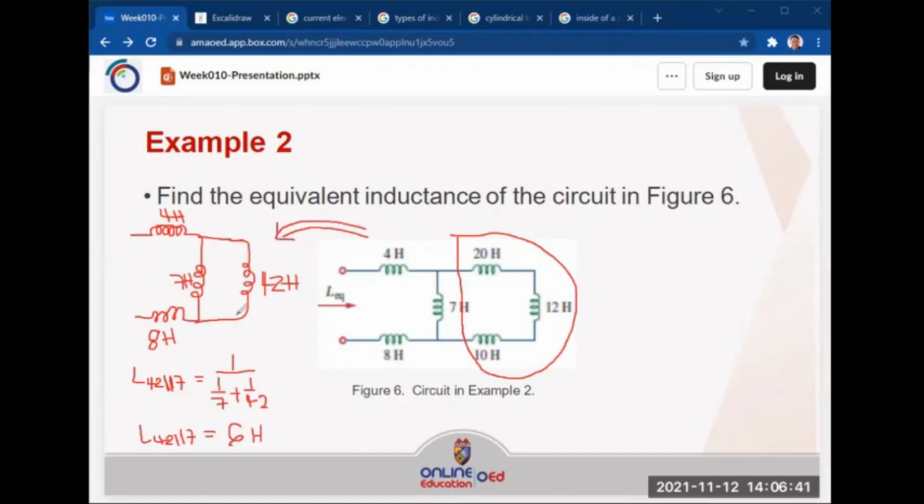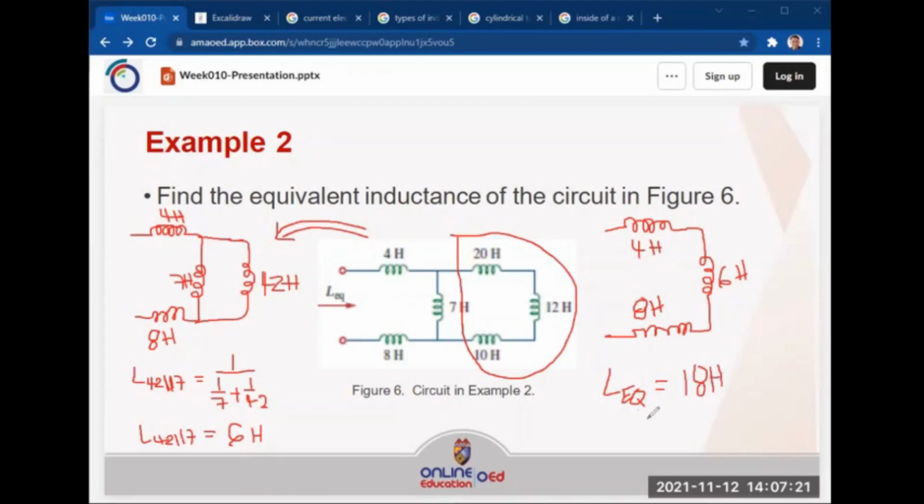Okay, so to simplify this circuit, we will have this one. This will be 4 Henrys, this will be 6 Henrys, this will be 8 Henrys, and these 3 are in series, so the equivalent inductor of the whole circuit will be 4 Henrys plus 6 plus 8, so this is 18 Henrys.